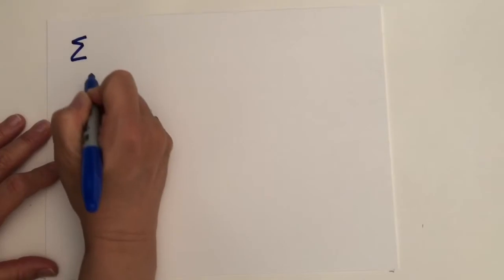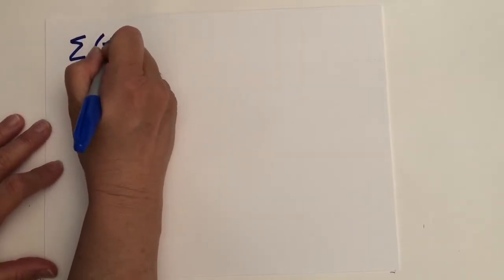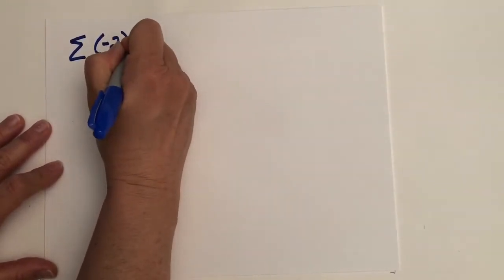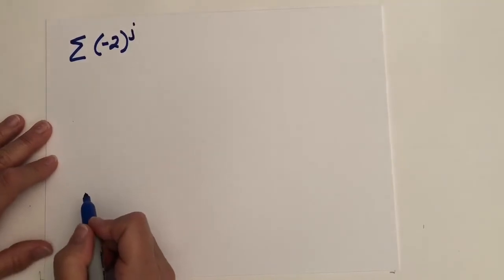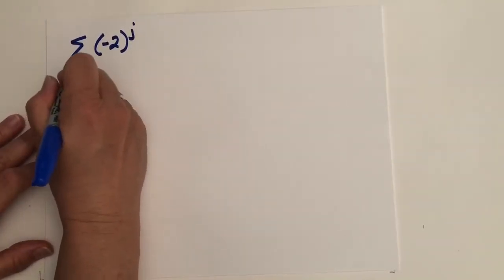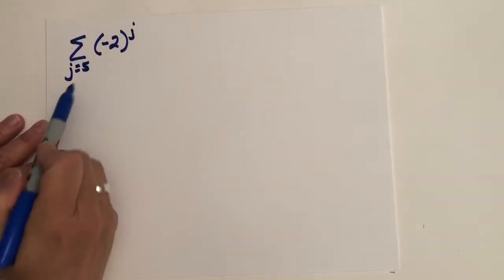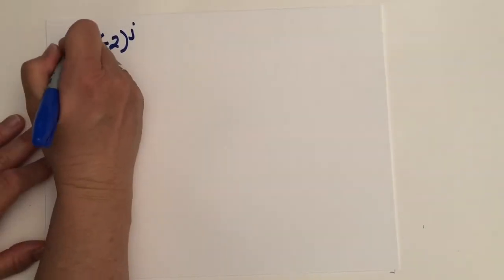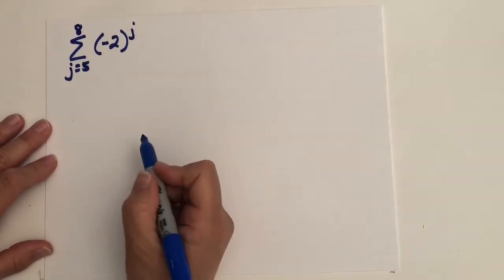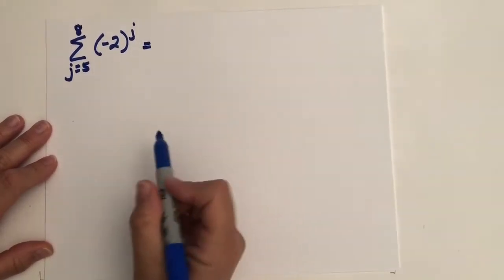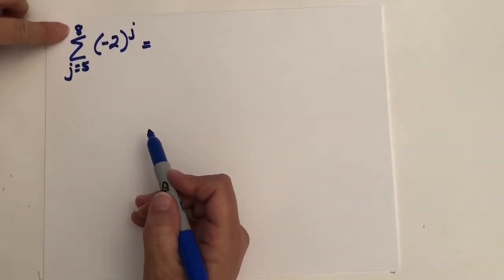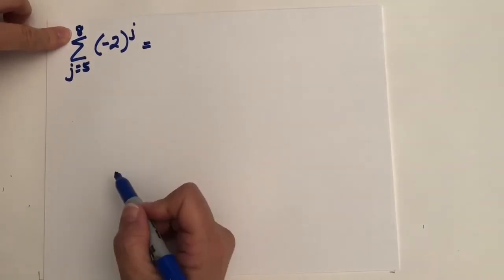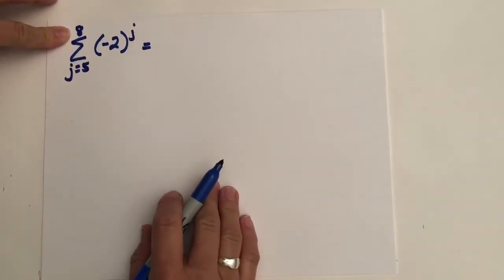Let's find the sum of -2 to the j power. And we'll start with j equals 5. There's nothing that says it has to start at 1. And we'll go to j equals 8. Sometimes people misunderstand what this number here means. It does not mean we have 8 terms.